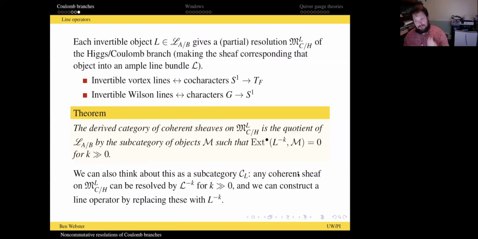So coherent sheaves are a quotient category, and which ones give me zero? Which ones do I have to mod out by? They're the ones that have this Ext group zero for all sufficiently large k. So when you take the sum of these Ext groups, you get some module over the projective coordinate ring, and you want that to eventually be zero once k gets big enough.